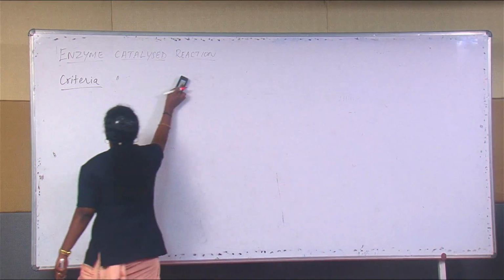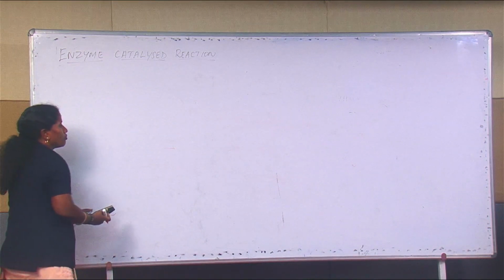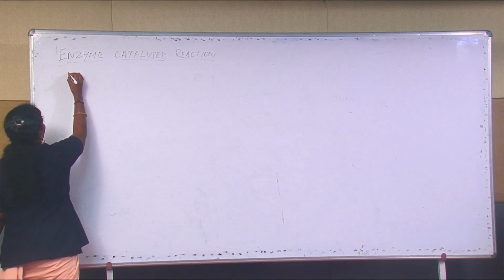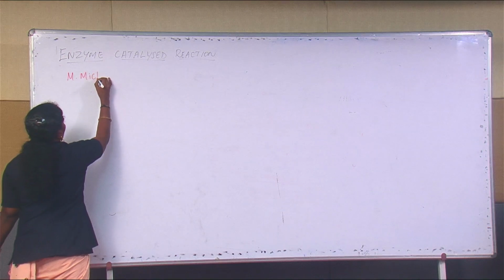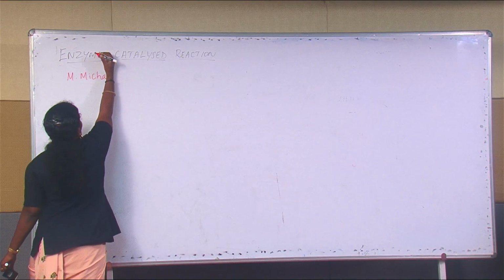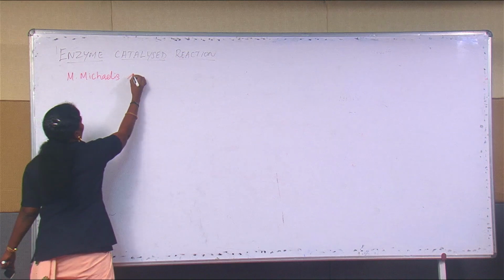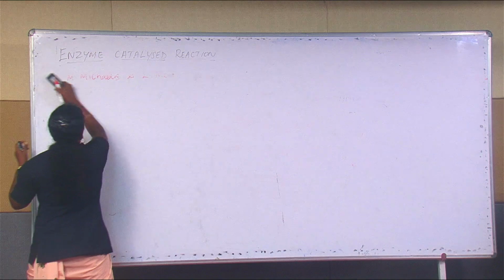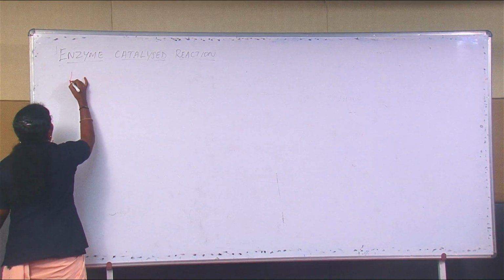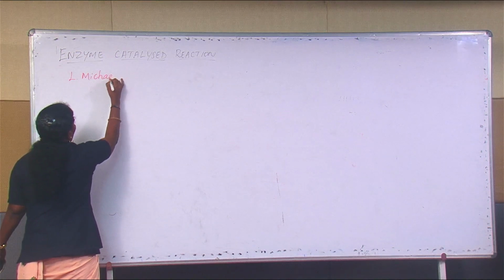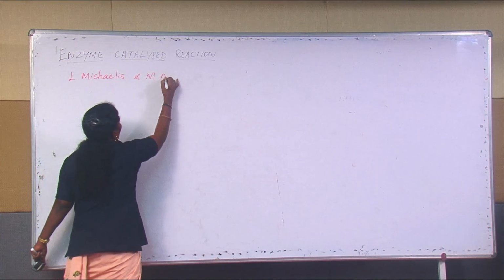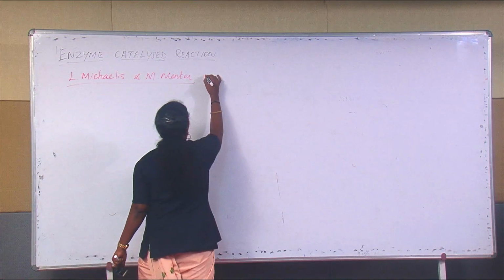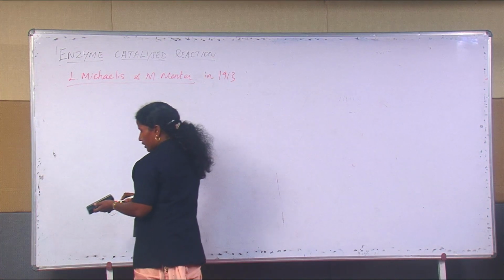The mechanism of enzyme catalyst reactions was proposed by two biochemists, Michaelis and Menten, in 1913.